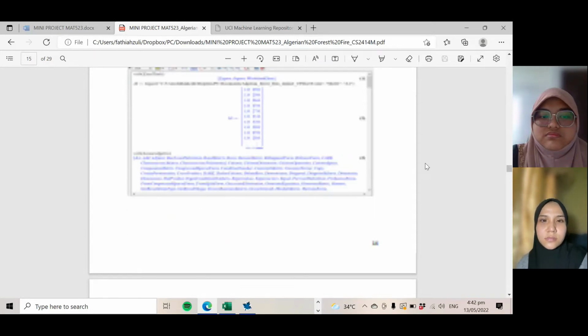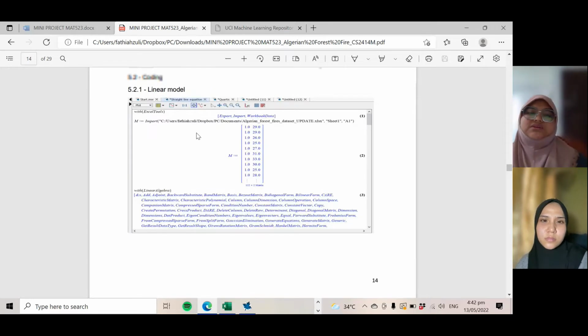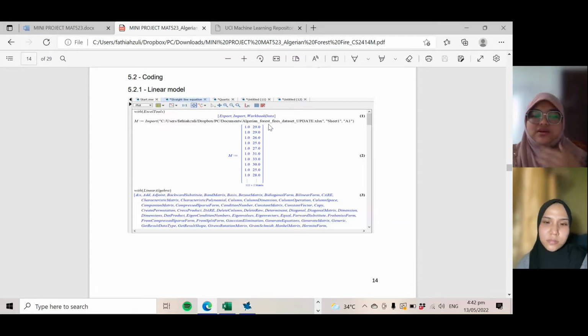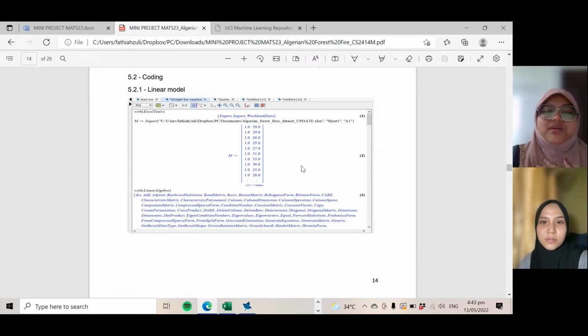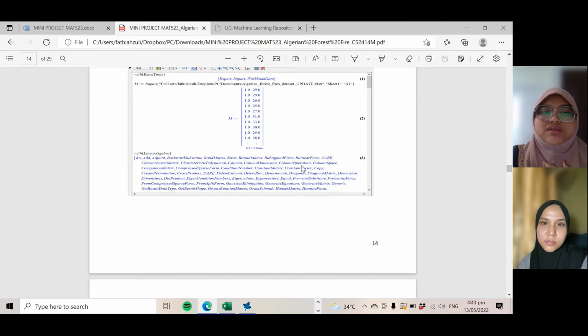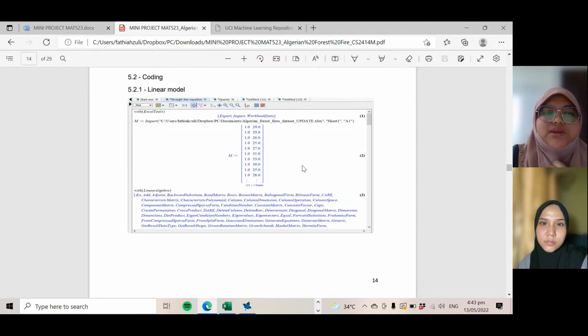Basically we are using the Excel tools coding so that we can import our data into Maple in matrices form. And then this is the linear model coding.